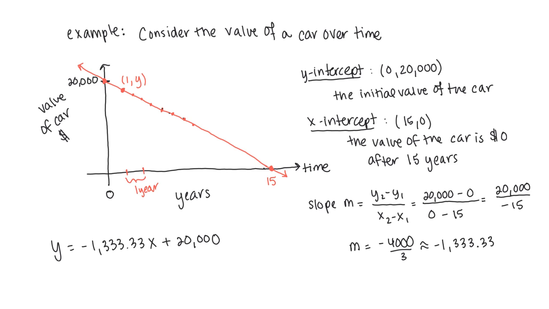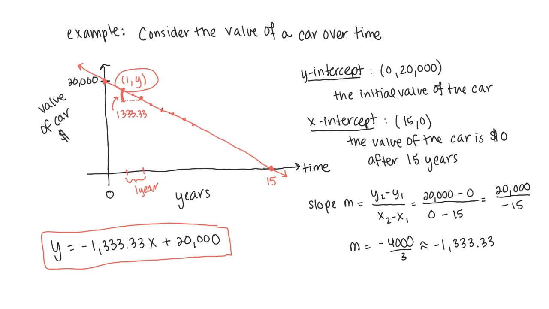So for every 1 unit change in x, to go from here to here, what is this y value right here? That y value would be $1,333.33. So for every year we own the car, it is depreciating by a monetary value of $1,333.33.